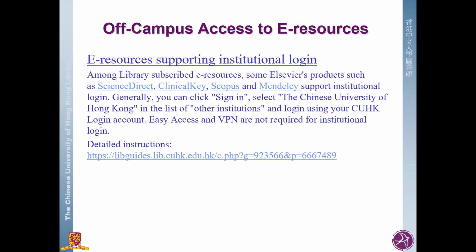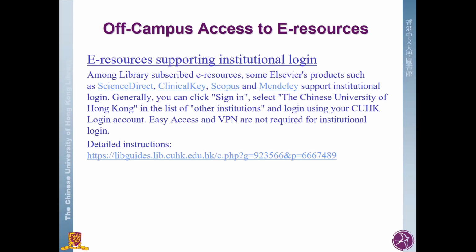So generally, when you click Sign In on that website, select the Chinese University of Hong Kong in the list of other institutions and log in using your CUHK login account. EZaccess and VPN are not required for institutional login.